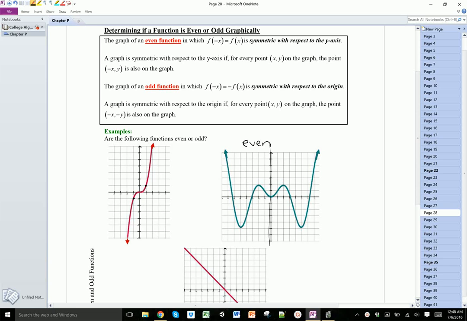So if I go right some value, up some value, I need to go left some value, down some value over here. So this is symmetric about the origin. Essentially, when you're symmetric with respect to the origin, you flip it across the x-axis and the y-axis. So this one is odd.